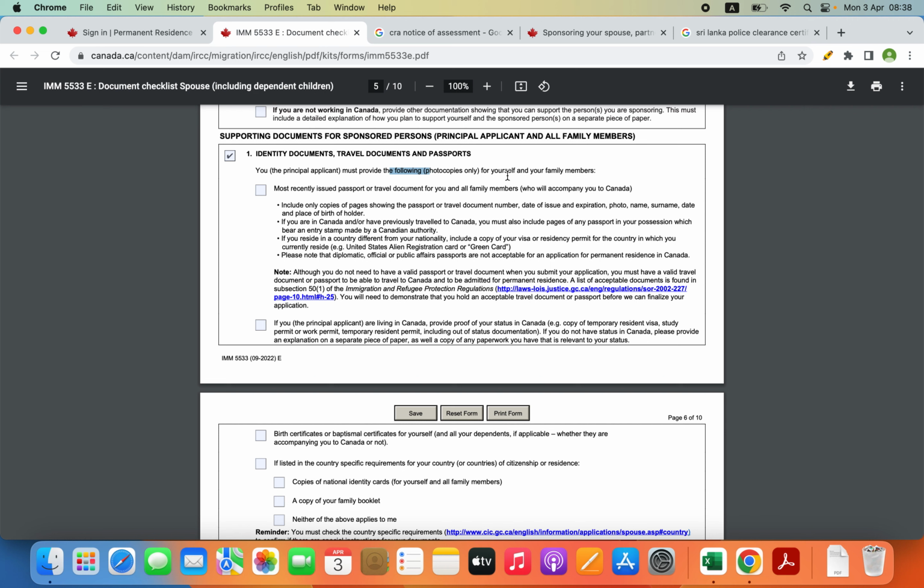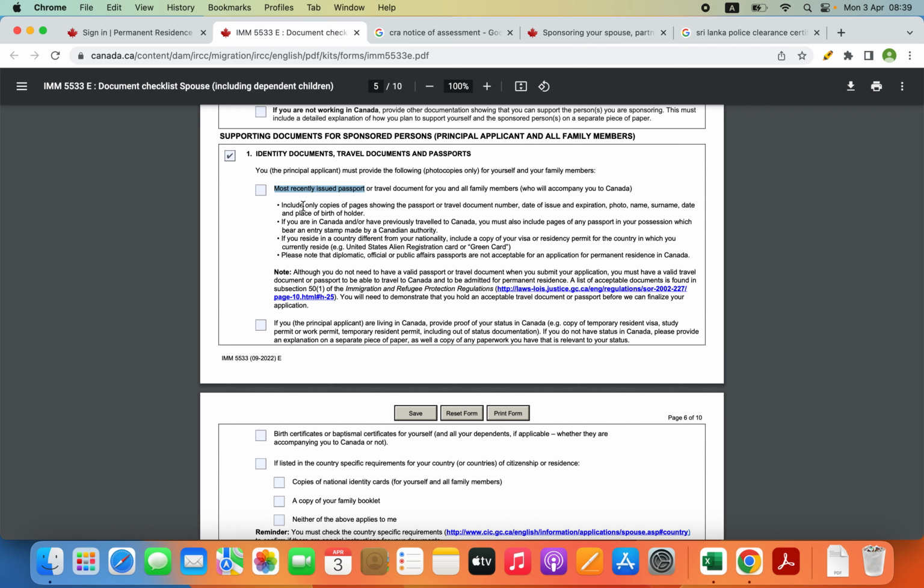It doesn't say one of the following, it says must provide the following. In this case, since I'm doing an online application, I'll be providing scanned PDF copies. The first one is the most recent issued passport or travel document for you and your family.